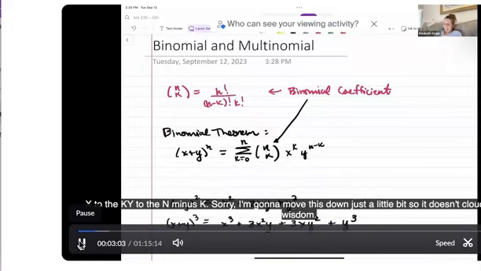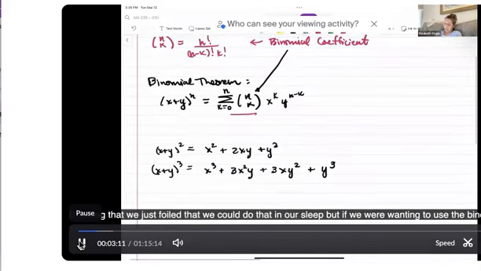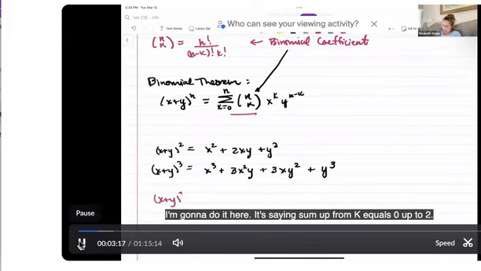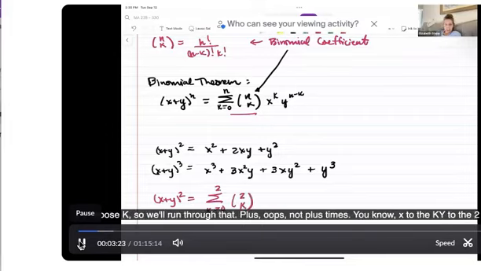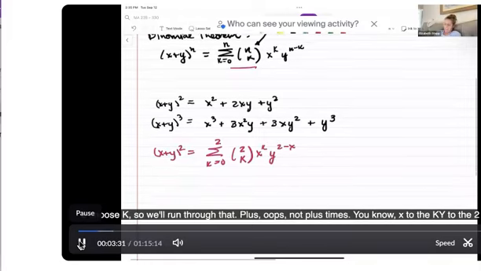Now let's verify it. Let's use the theorem on the squared case. We just FOILed that and could do that in our sleep, but if we wanted to use the binomial theorem, it says sum up from k equals 0 up to 2 of 2 choose k, times x to the k, y to the 2 minus k.